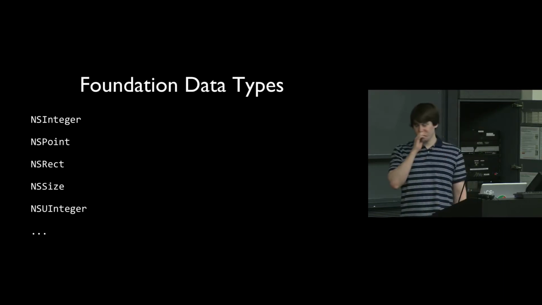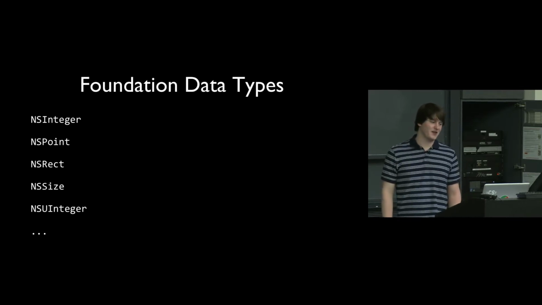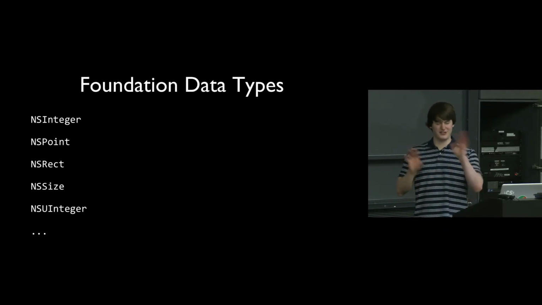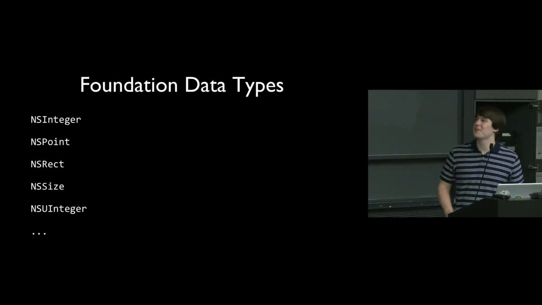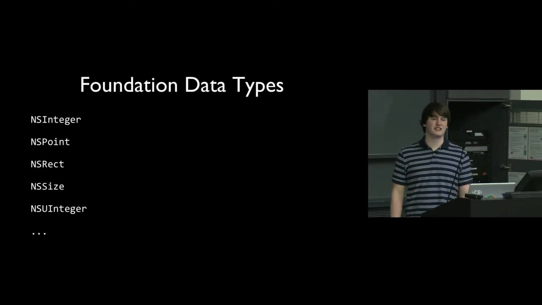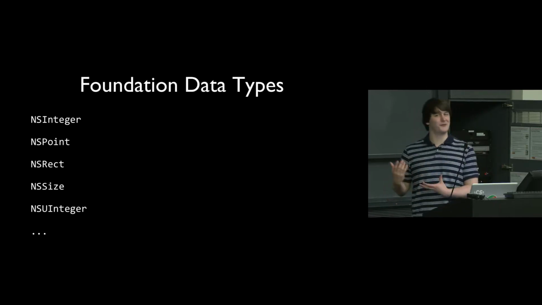They exist for various legacy reasons, and NSInteger exists as sort of a weird bridge between 32-bit and 64-bit. Pretty much, when you're looking at documentation and you see that a function returns an NSInteger, use an NSInteger variable. So none of these are object types.